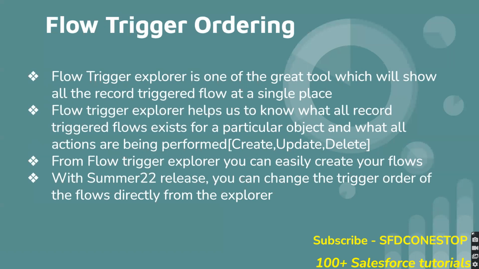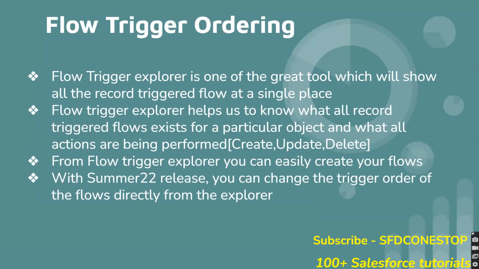If you have a create, update, or delete, from the Flow Trigger Explorer you can directly know what all record triggered actions are being performed for a particular object, and you can easily create your flows directly from the Flow Trigger Explorer. And with the Summer 22 release, you can also change the trigger order of the flows directly from the Explorer.